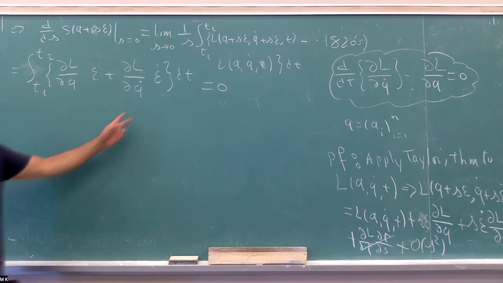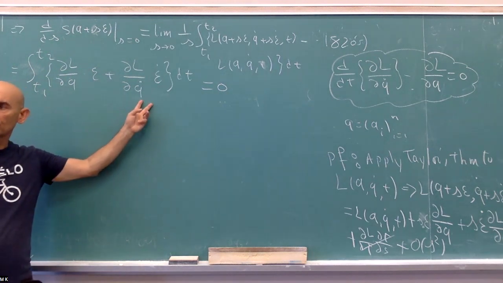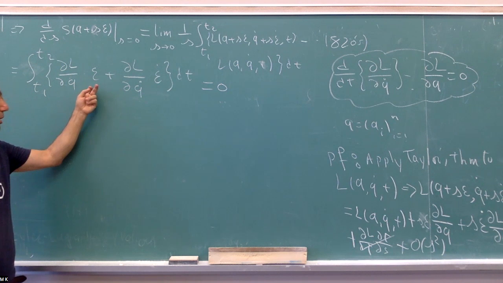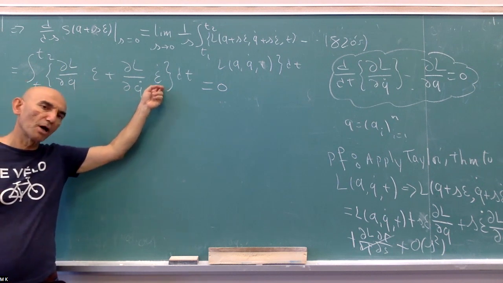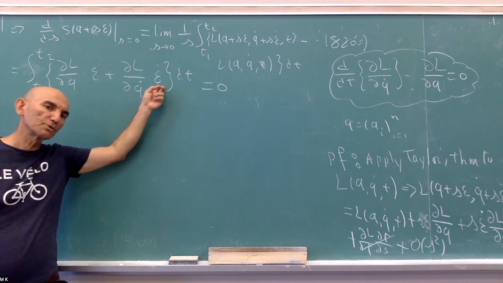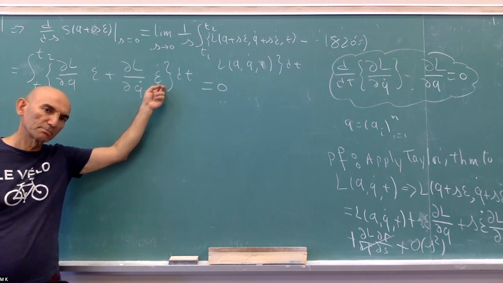Now, here's the punchline. Here is epsilon dot. We have to get rid of epsilon dot, and the whole trick is to use integration by parts.